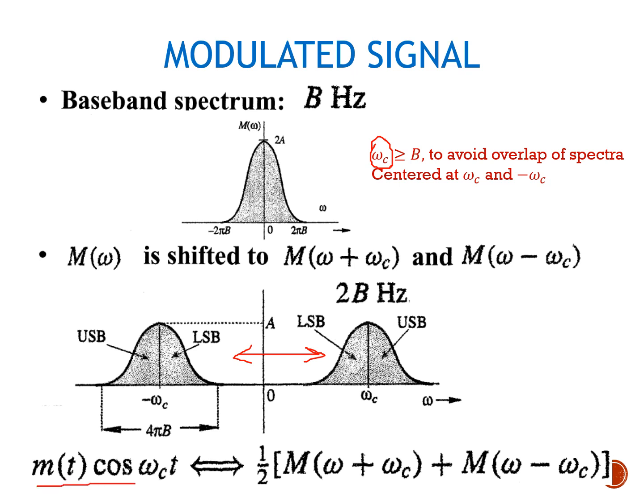So this is the time domain expression, and taking the Fourier transform of this expression, we get the frequency domain, which is composed of these two terms, and as mentioned earlier, we obtain it through the convolution of the Fourier transforms of m(t) as well as the carrier signal.